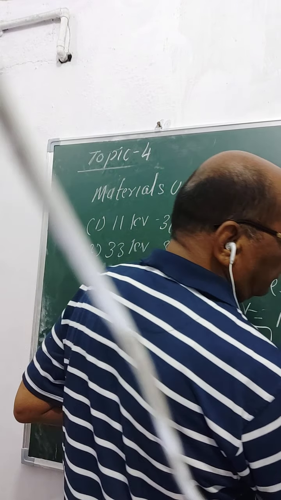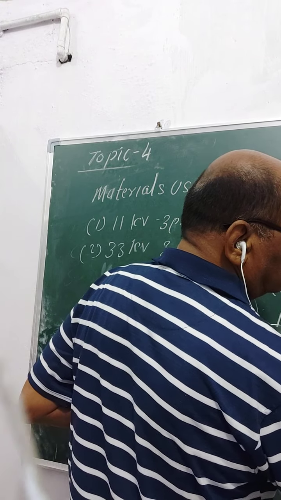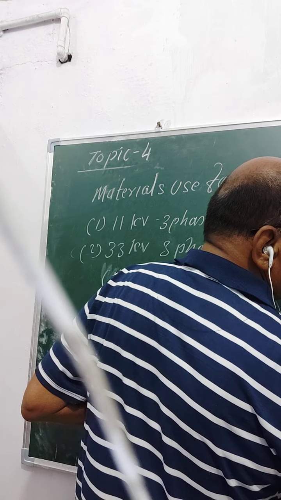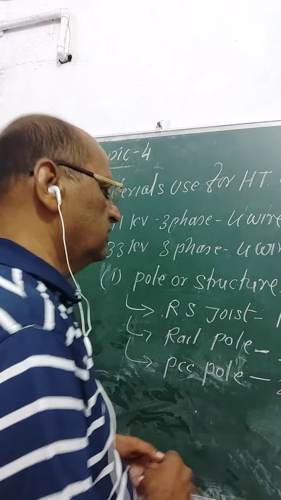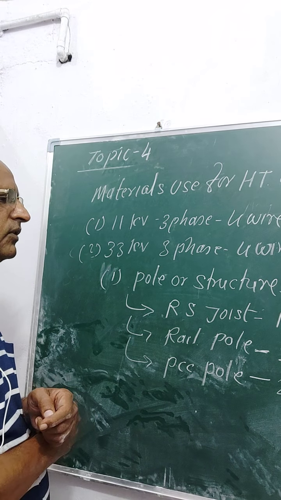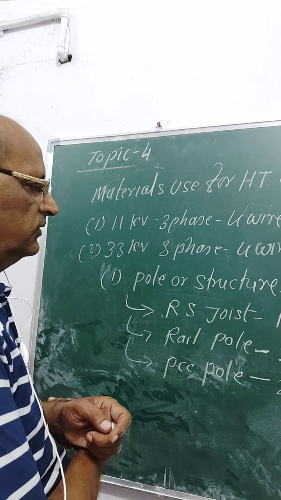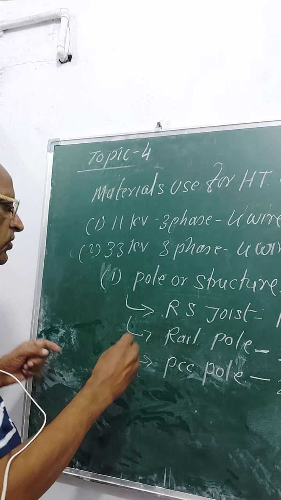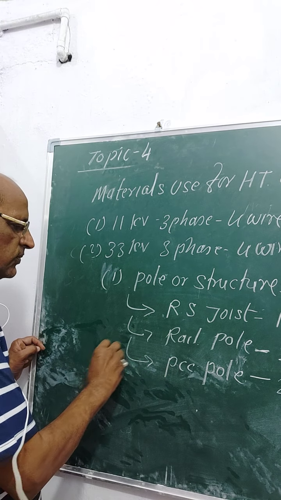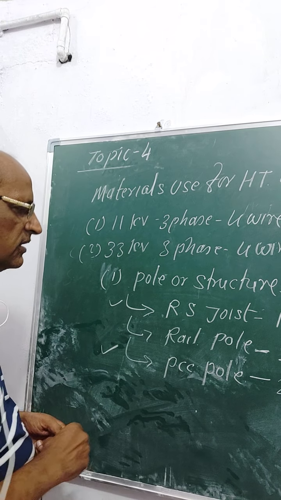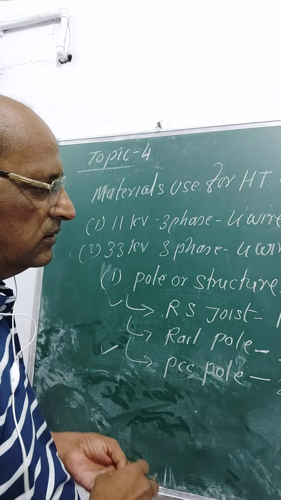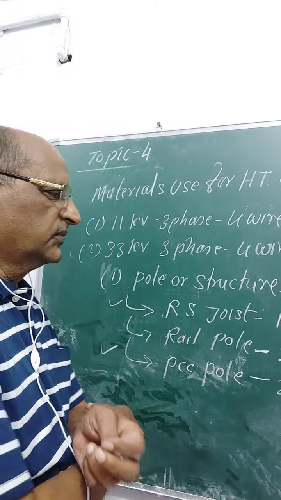They are also available in 9 meter and 11 meter. So these are the poles available for this line. Mostly in rural area we use PCC pole and in city area we use RS joist. Rail poles are very rarely used.